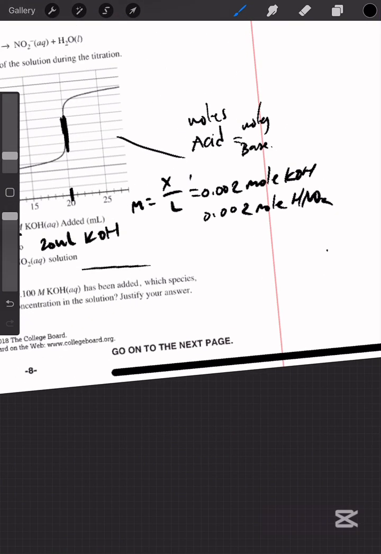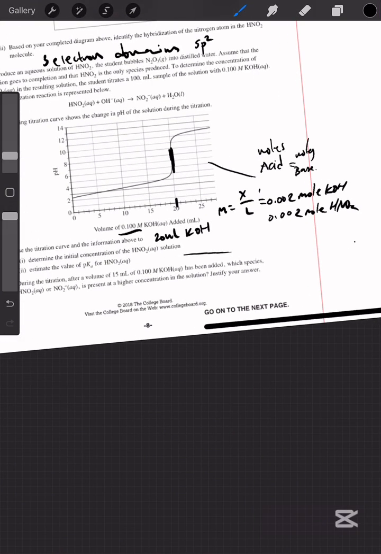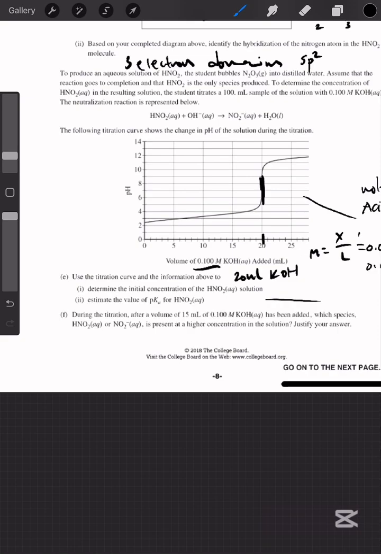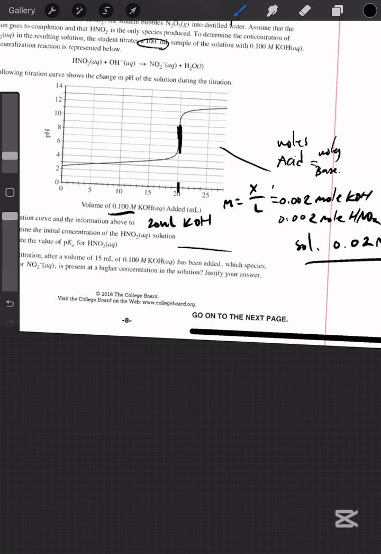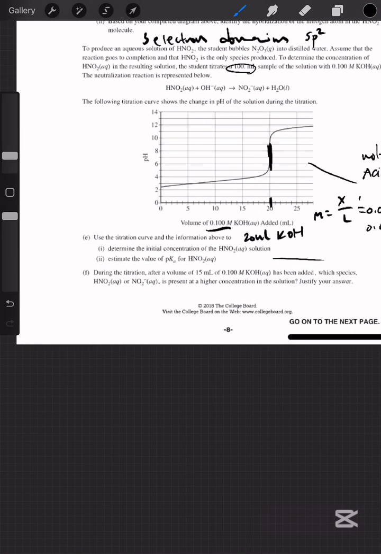So now what you would do is look for the volume of acid, which is 100 ml, and then do the molarity again: 0.002 over 0.1 equals 0.02 molar nitrous acid. And then the next part is to estimate the pK.